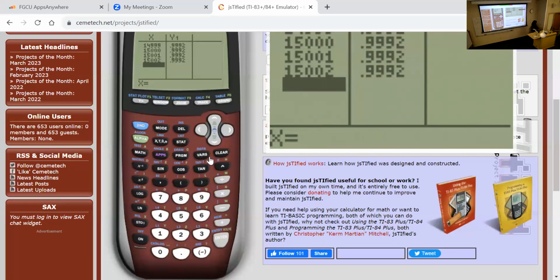Okay. Now give me a number bigger than 150,000. 283,000. Okay, so that is what my x value will be. 283,000 is what I am going to approach.